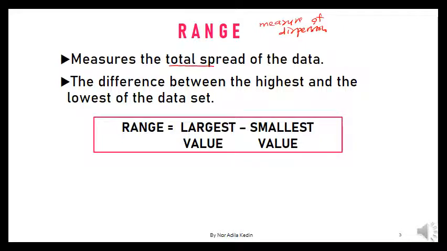The difference between the highest, which is X maximum, and the lowest data set, X minimum. Range is the largest value minus the smallest value. Nilai mesti positif. Okay, awak tak boleh dapat range-nya negatif. That is impossible. So X max minus X min.